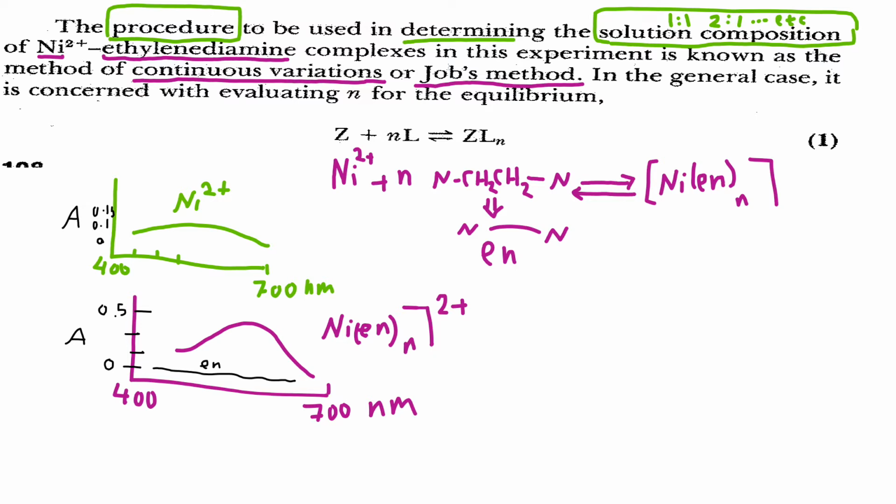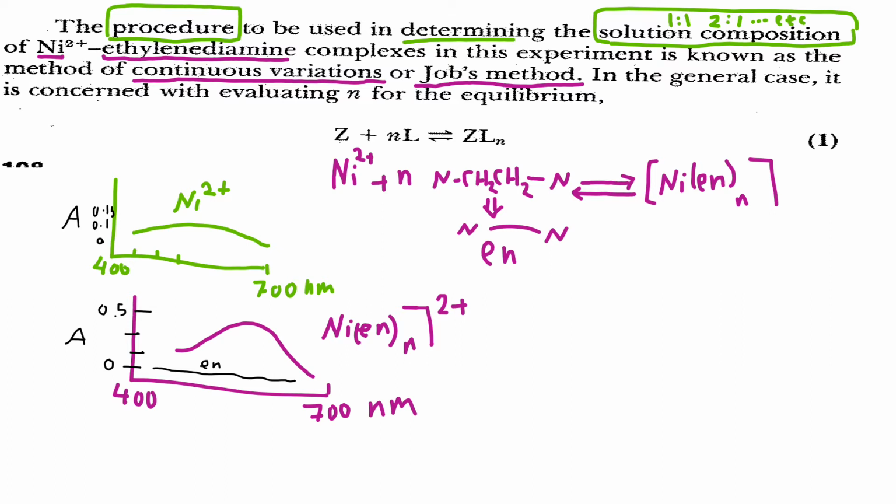Now, ethylene diamine, which is a bidentate ligand, binds nickel in 1 to 1, 2 to 1, and 3 to 1. The ethylene diamine complex absorbs nicely in the visible, and the absorbance of the 1 to 1 has a different lambda max from the 2 to 1, different from the 3 to 1.